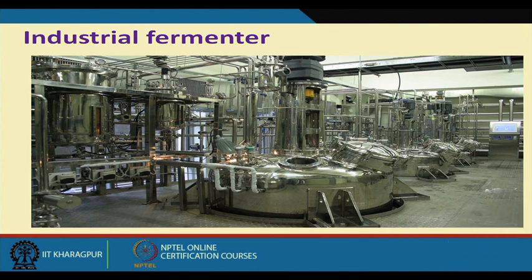The gears are connected with each other and have tremendous friction, and due to friction they generate a lot of heat, and oil has a fire point. If you allow the temperature to increase, after some time it will catch fire. So you have to take the oil out and pass it through a cooling system, and then recirculate it into the gearbox so that you maintain the temperature. This is very much required and is applied in industries.